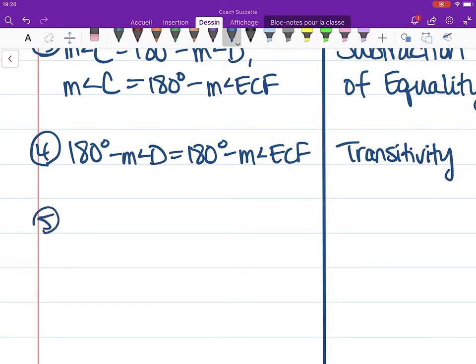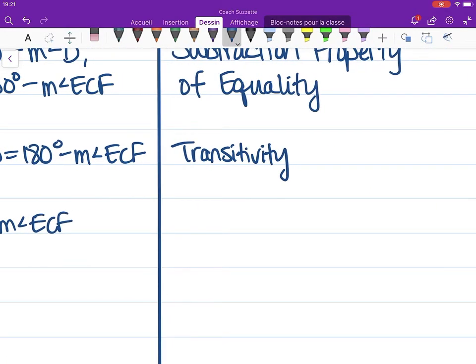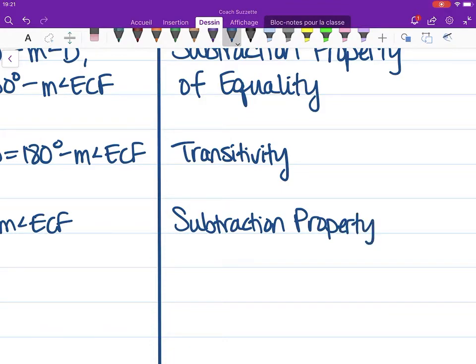And then if we did minus 180 on both sides, we'd be here. Minus 180 on both sides means we used the subtraction property of equality as justification that that was legit.